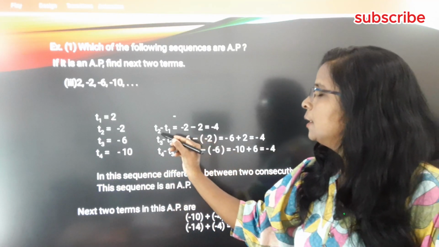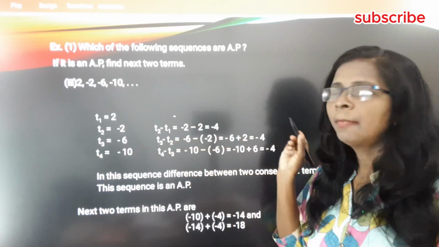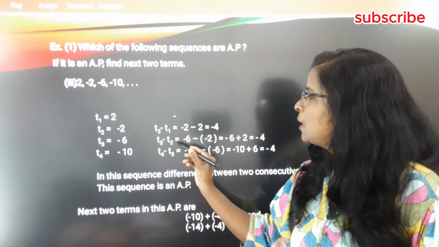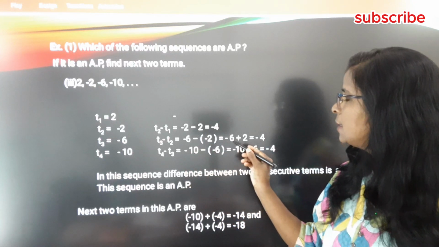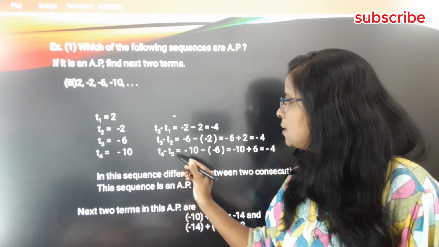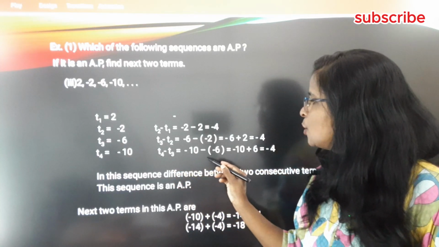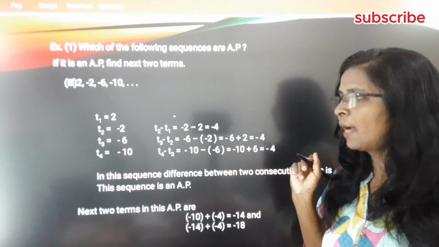So here T2 minus T1 is equal to minus 2 minus 2, which is minus 4. T3 minus T2 is equal to minus 6 minus of minus 2, is equal to minus 6 plus 2, is equal to minus 4. T4 minus T3 is equal to minus 10 minus of minus 6, is equal to minus 10 plus 6, is equal to minus 4.